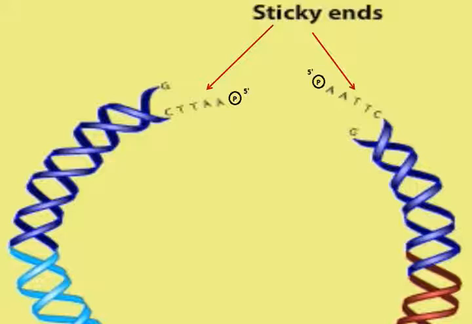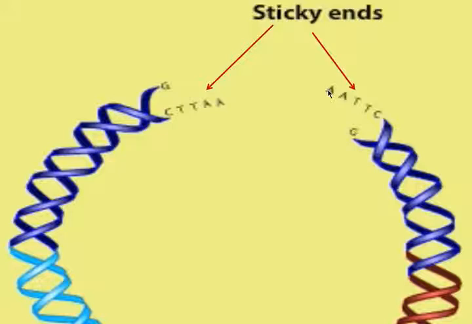So this dephosphorylation of the vector is done by using an enzyme phosphatase, and this phosphatase enzyme removes the phosphate attached to the adenine nucleotide here, adenine nucleotide here. Now once the phosphate is removed, there is no chance of the formation of the phosphodiester bonds.